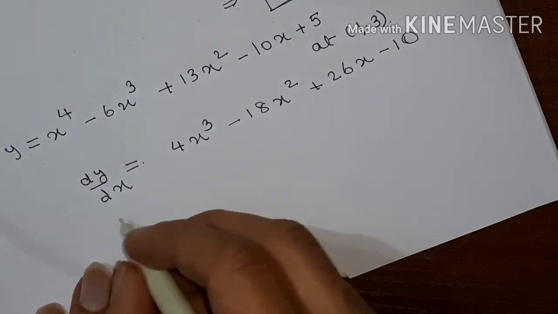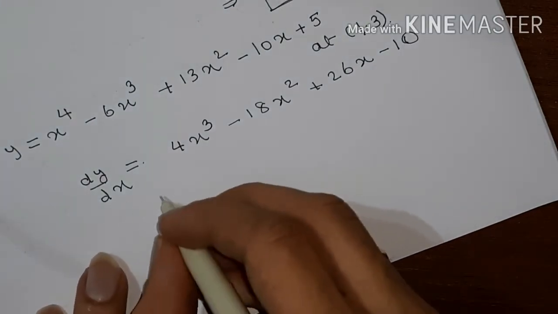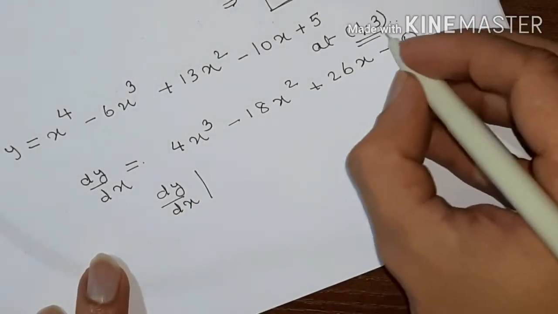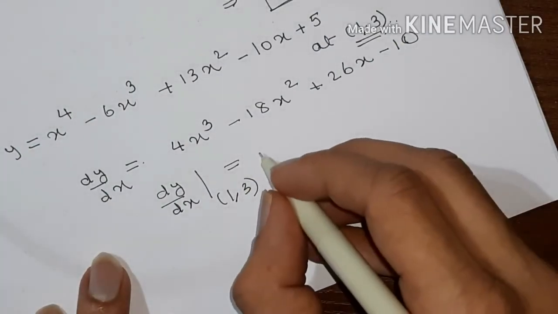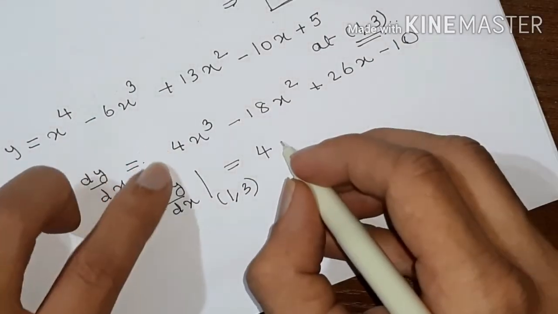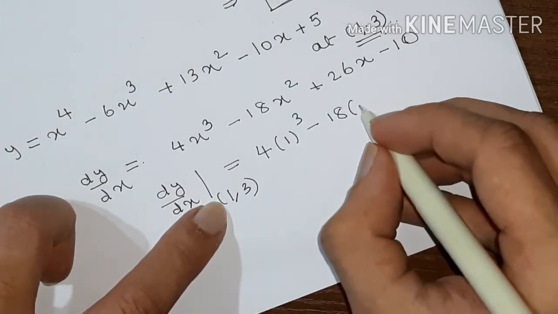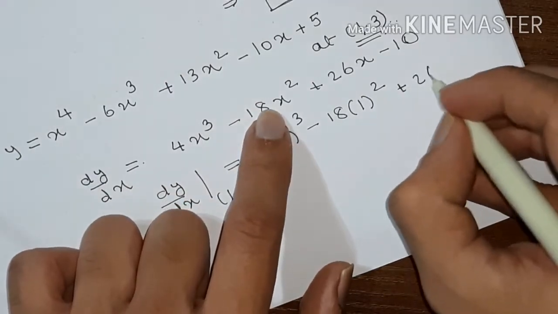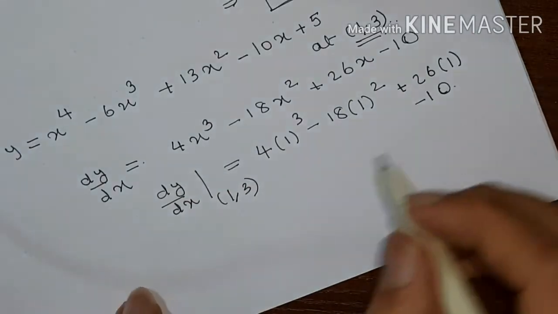Now you have to find the slope, so dy by dx at which point? At 1 comma 3. That is equal to 4 multiplied by 1 cube minus 18 multiplied by 1 square plus 26 multiplied by 1 minus 10.